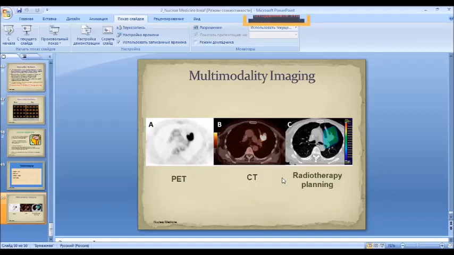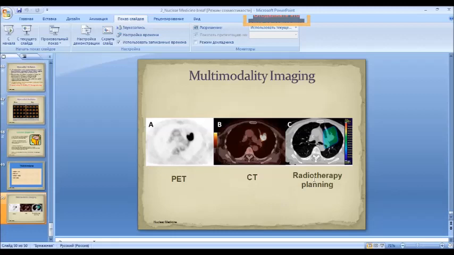more clear. And after this overlapping, we may say that the pathology is in one of the main bronchi, in this picture, in the left main bronchus.